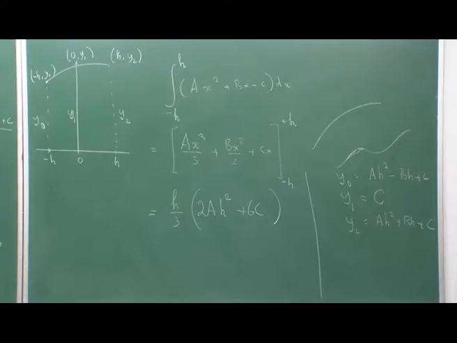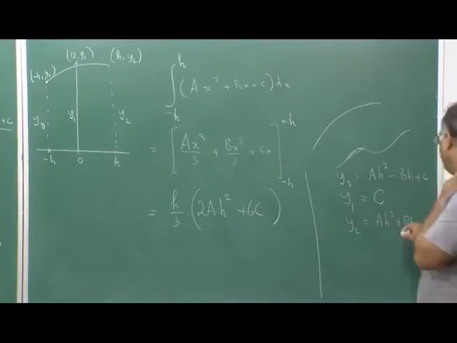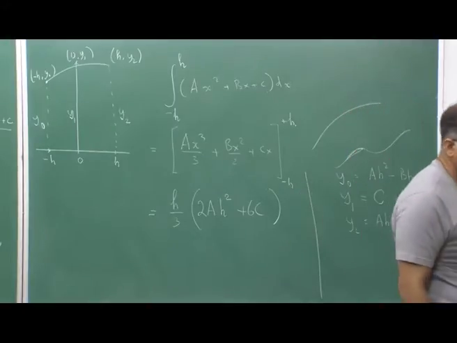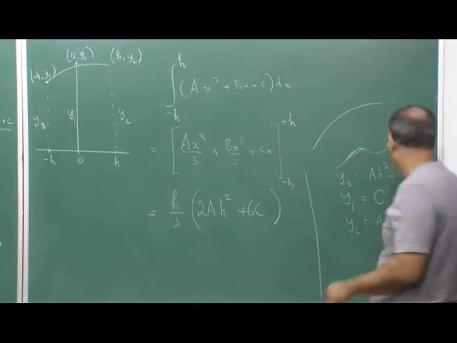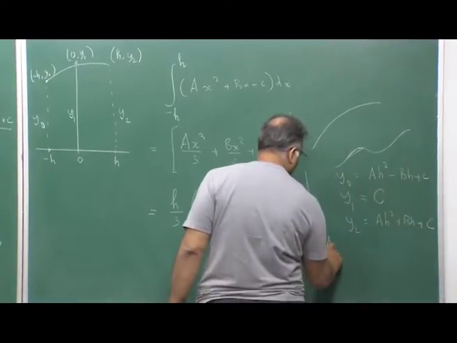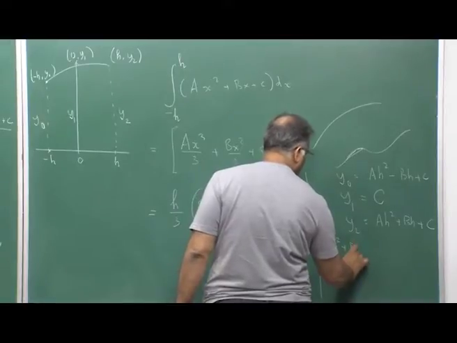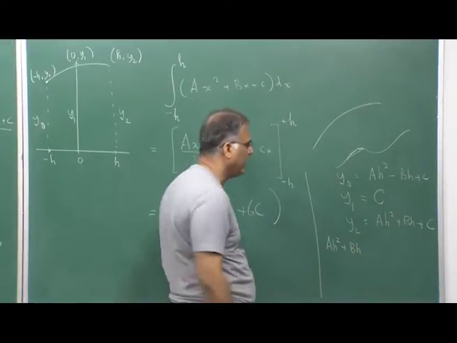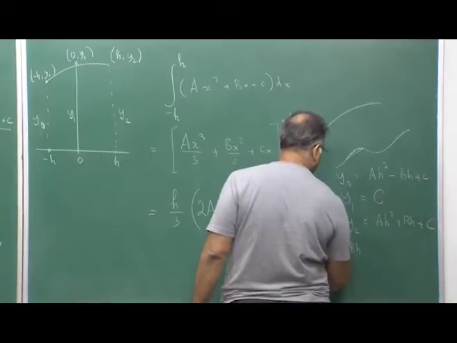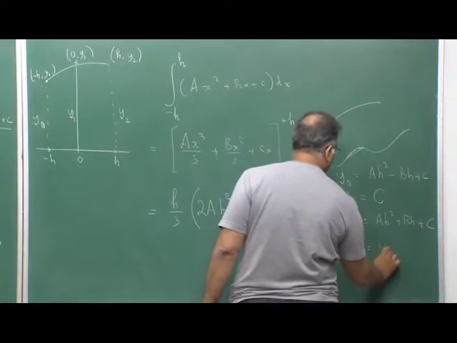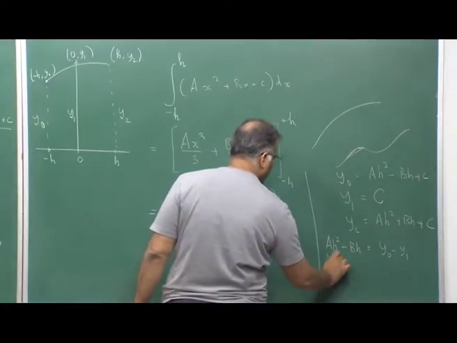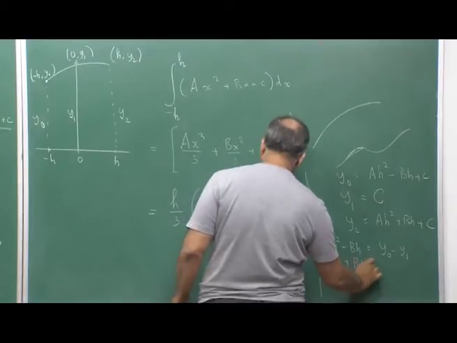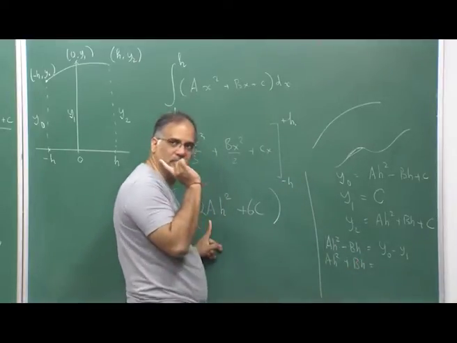Now, knowing that c is equal to y1, from here I will get ah square minus bh is equal to y0 minus y1, because c is y1, and from here I will get ah square plus bh is equal to y2 minus y1. Ultimately I have to find ah square and c. That is my goal.